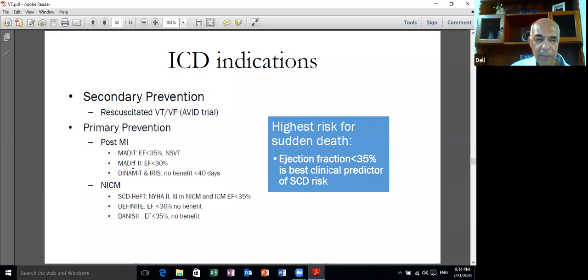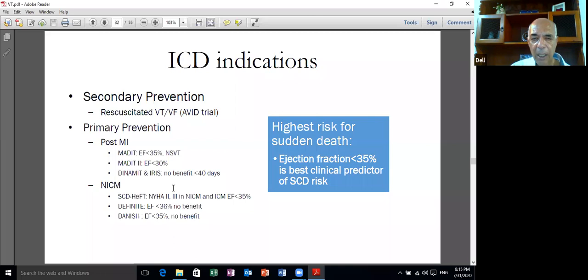The problem is bigger in patients with non-ischemic cardiomyopathy, because if you look into these three studies, the first study supports the use of ICD in patients with a low ejection fraction, but the other two studies are negating that. So we have discrepancy in views about the use of ICD in non-ischemic cardiomyopathy, no uniformity of thoughts about that.